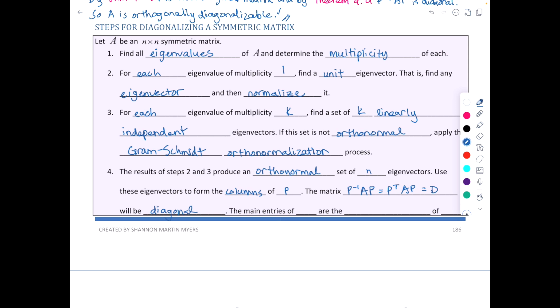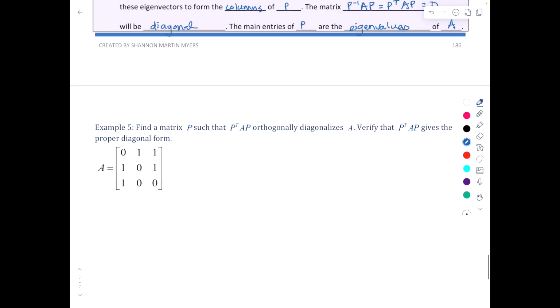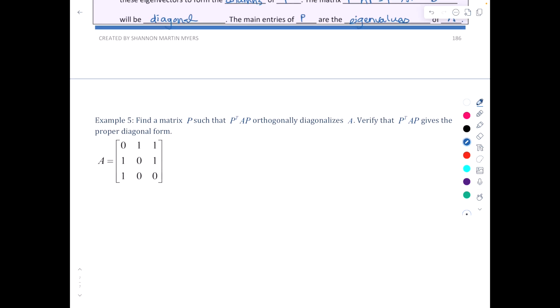And the main diagonal entries of D are the eigenvalues of A. Groovy?